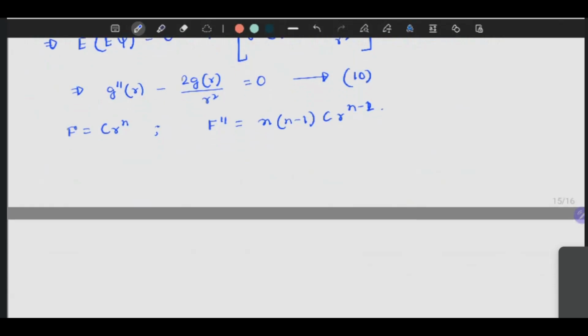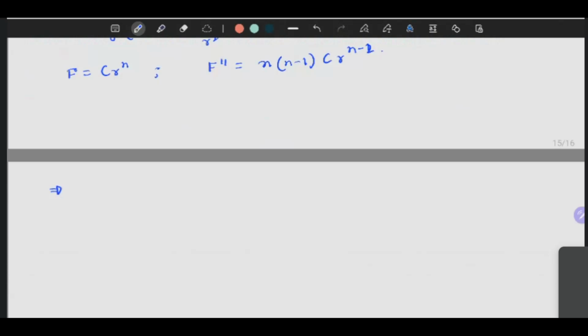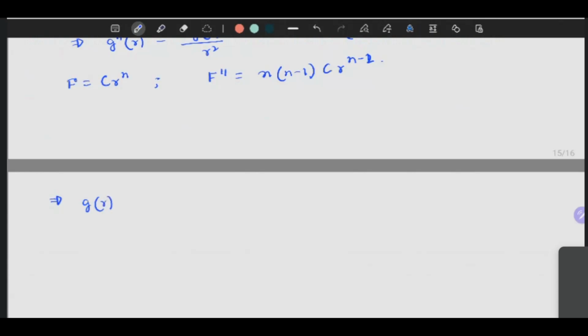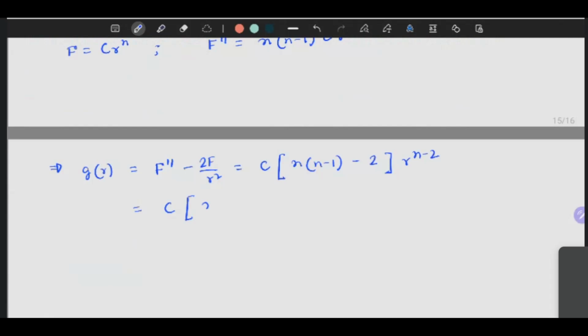If you substitute this value here, g of r is f double prime minus 2f by r square, which makes it c into n into n minus 1 minus 2 into r to the power n minus 2, which can be written as c into n plus 1 into n minus 2 times r to the power n minus 2.